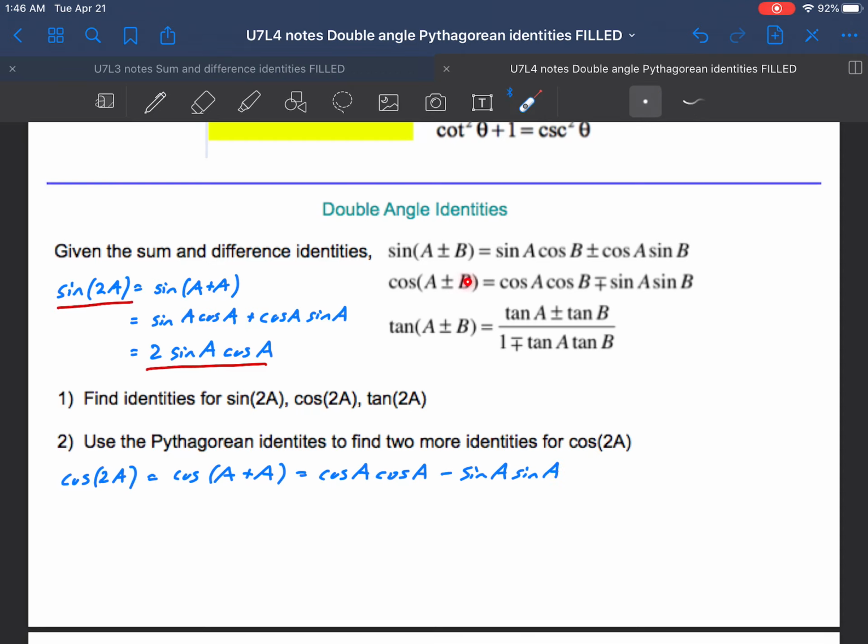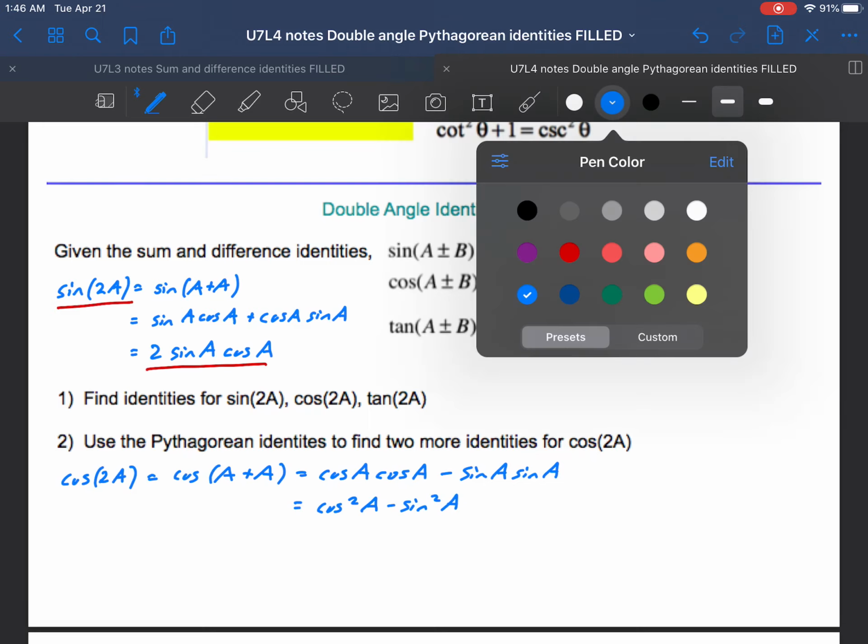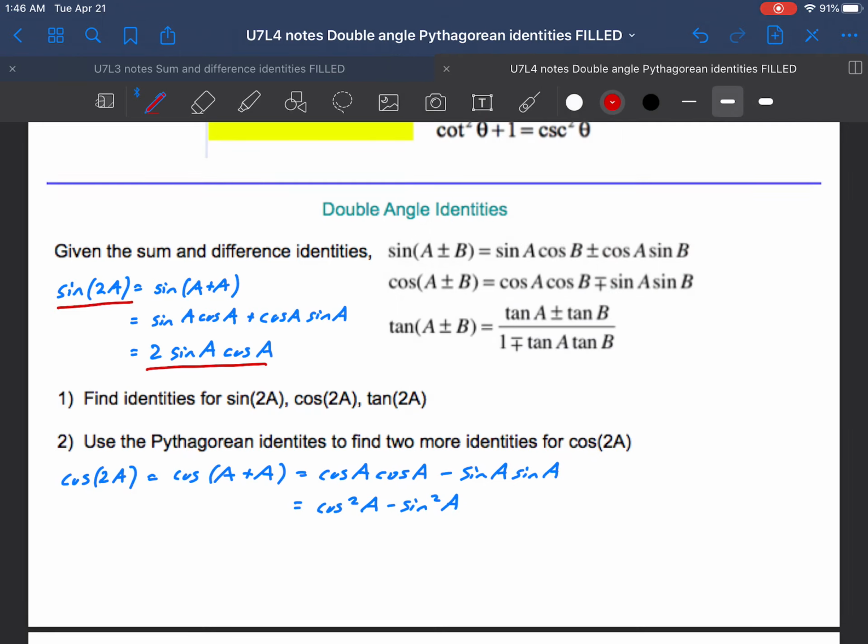Again, if I've got cos a plus a, then this is an a, cos a. Now here's the thing: when this is a plus, we actually use a minus, sine a sine a. So this actually turns into cosine squared a minus sine squared a.